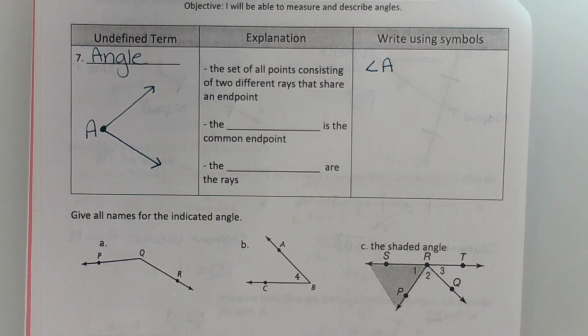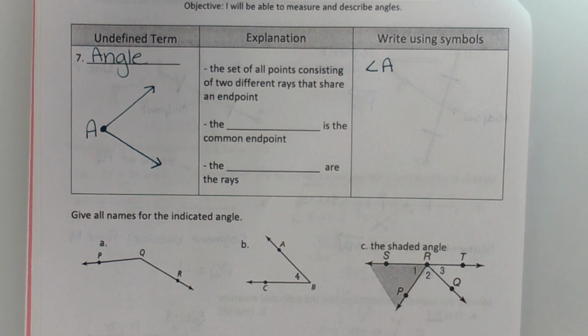Now, if I had that third ray coming off of this endpoint, and I say I'm talking about angle A, it's hard to tell which angle I'm talking about because technically now there's three angles in this picture. There's that one. There's this one. And then there's the big one.